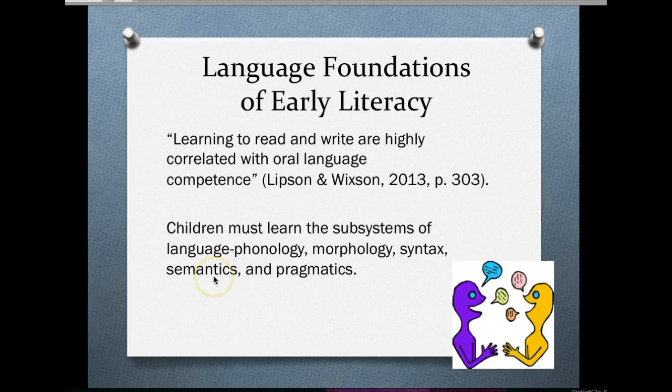Semantics is the meaning in language, so an analysis of words, phrases, and sentences. And pragmatics are social cues, so the use of language in context. For a child, it might be learning to make eye contact when someone is speaking or when you're talking to someone, learning how to respond to questions, or adjusting their speech for different situations.